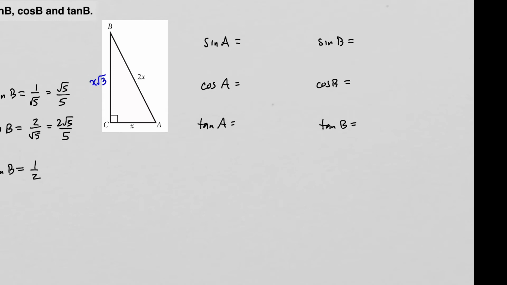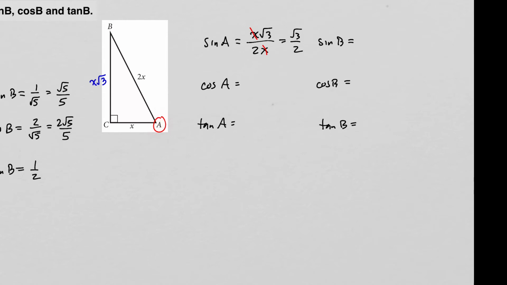Now, I'll go through this just a little bit faster, and also I'm not going to rationalize any denominators this time. Angle A is here. Sine of angle A is the opposite side divided by the hypotenuse. And so that is x radical 3 divided by 2x. And the x cancels out, giving us the square root of 3 divided by 2.